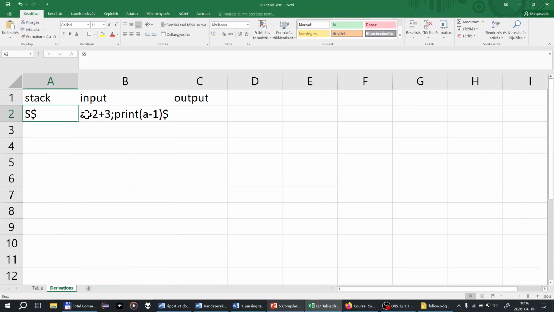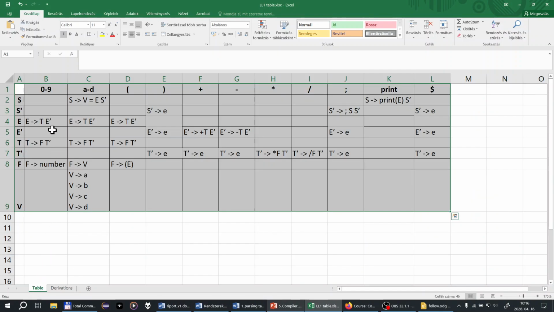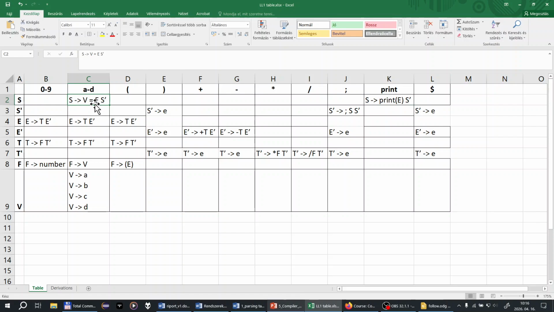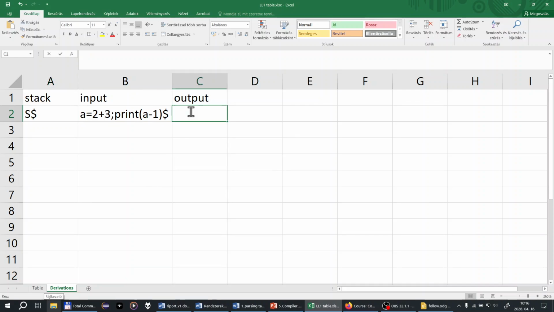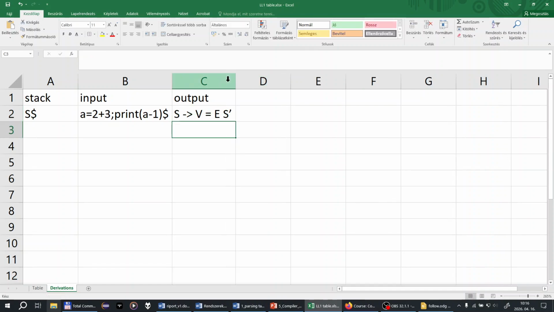So for the S and A in the input, we have this grammar rule S to ES prime, which means that in the input it is substituted by an ES prime, and we still have the dollar sign at the end.